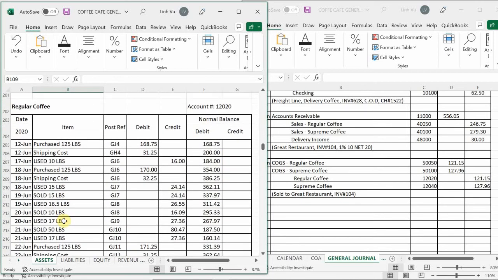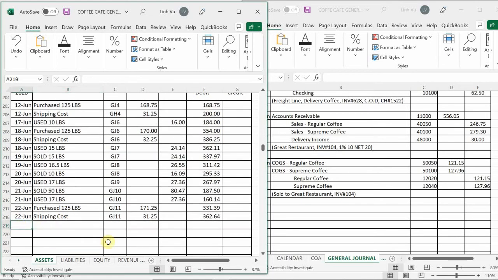Okay, here we are. Regular coffee. Sold 75 pounds, 121.15.